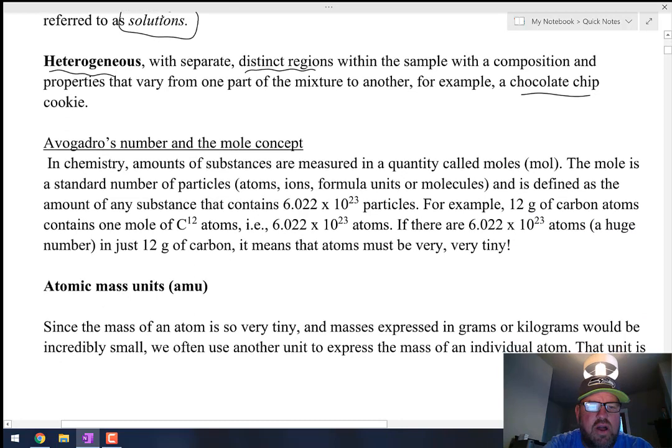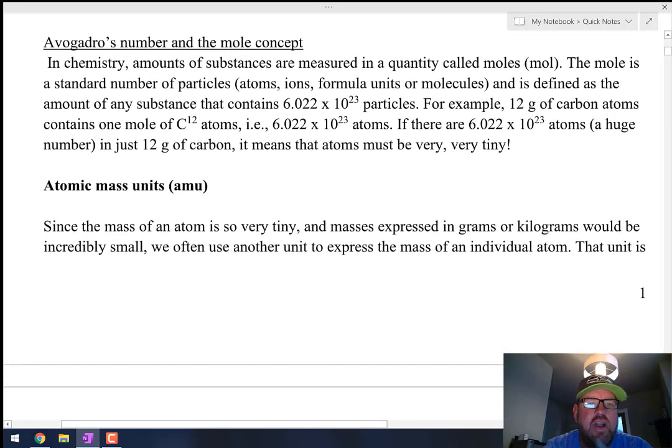Okay, moving on. Avogadro's number and the mole concept. A lot of times in chemistry, we're going to use numbers that are really, really big and also numbers that are really, really small, which is why we use scientific notation. One of the things that we use a lot in chemistry is called a mole.